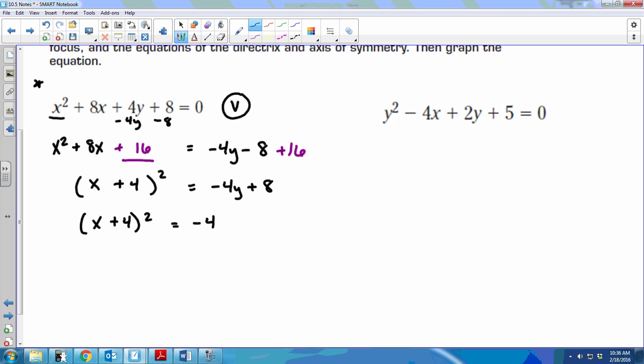So you take out a negative 4, so what's left over inside the parentheses? y minus 2. Watch your signs. And then the last little bit here, we want to make sure we have 4 times p. So what is p in this case? Negative 1.